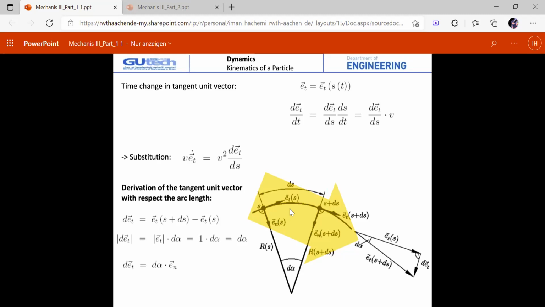It's only the change of the unit vector. Then we have Et at the position s plus ds minus Et at the position s.